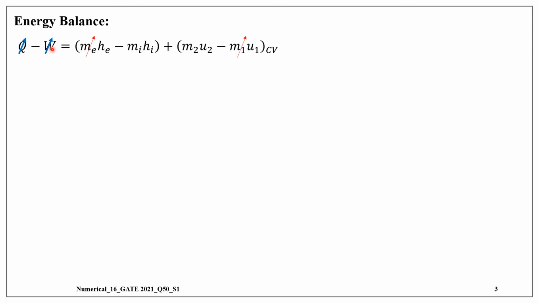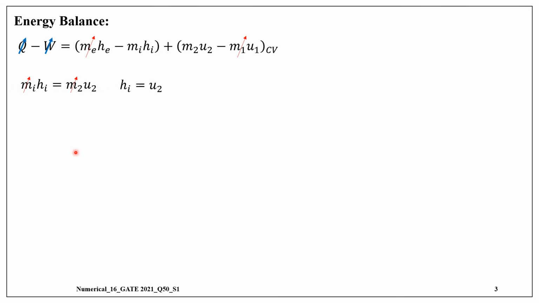That's it. This gives us Mi Hi is equal to M2 U2. Earlier we discussed Mi is equal to M2. Therefore, we can cancel Mi and M2, which yields Hi is equal to U2.